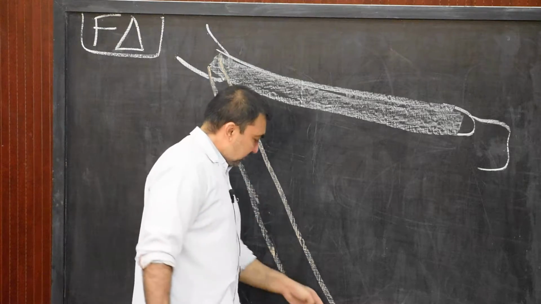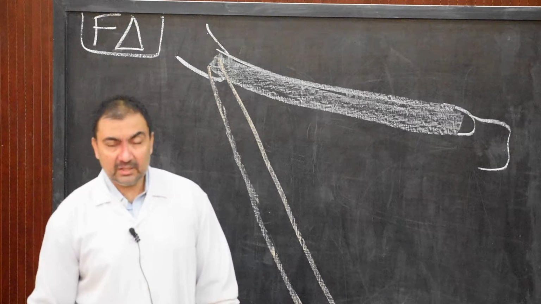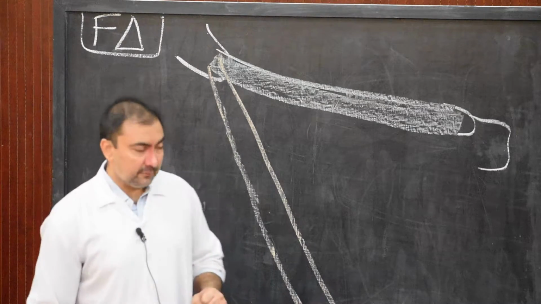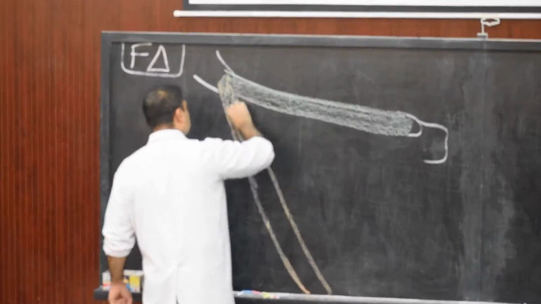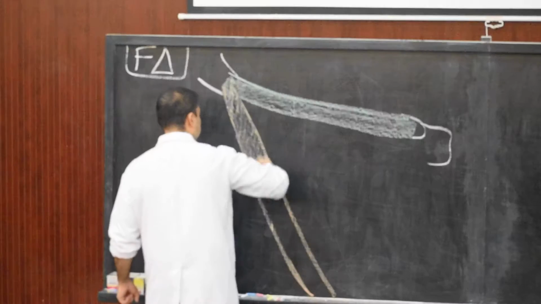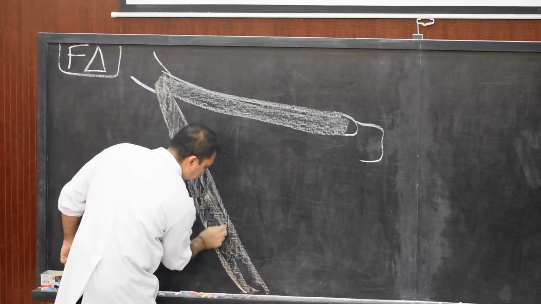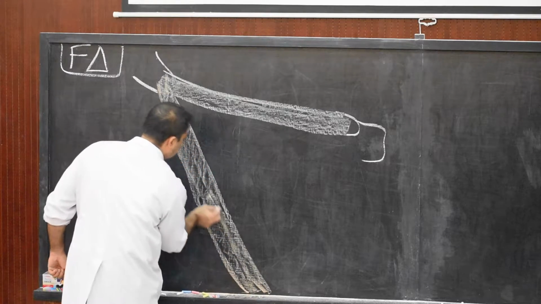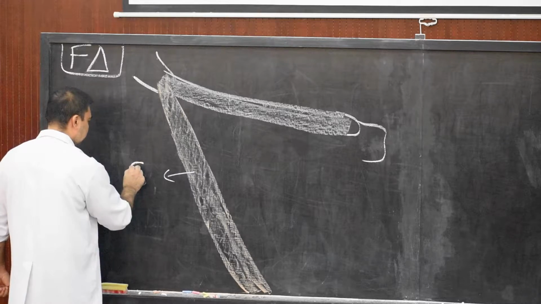The insertion of sartorius will be in the tibia, in the upper 1/3 of the medial surface of the tibia, and this sartorius will take its origin from anterior superior iliac spine. So therefore this is a ribbon like muscle, and here we will name this as sartorius.